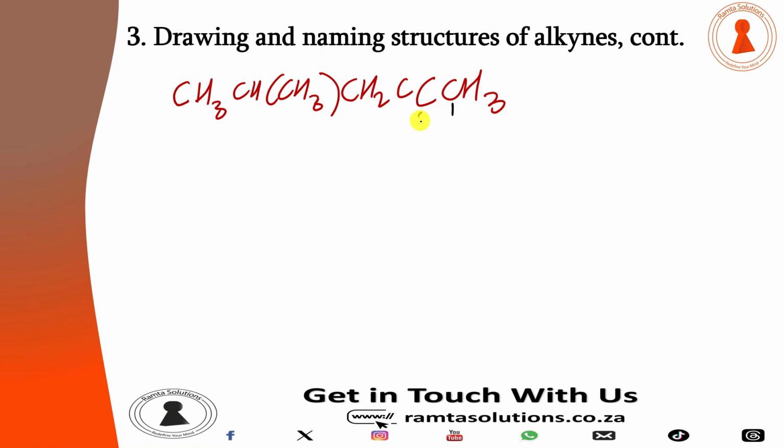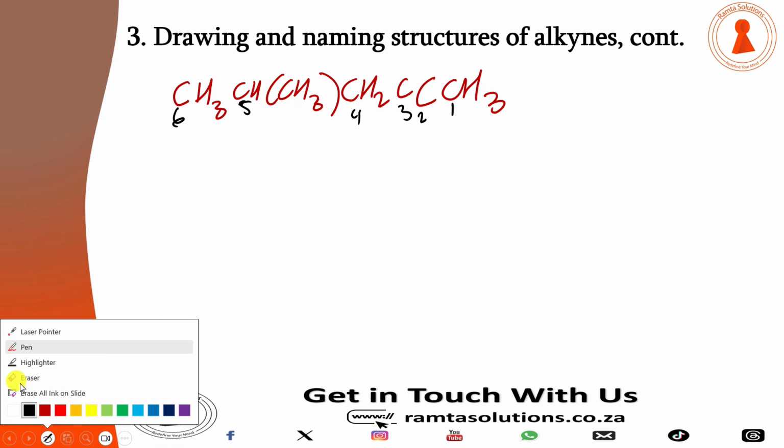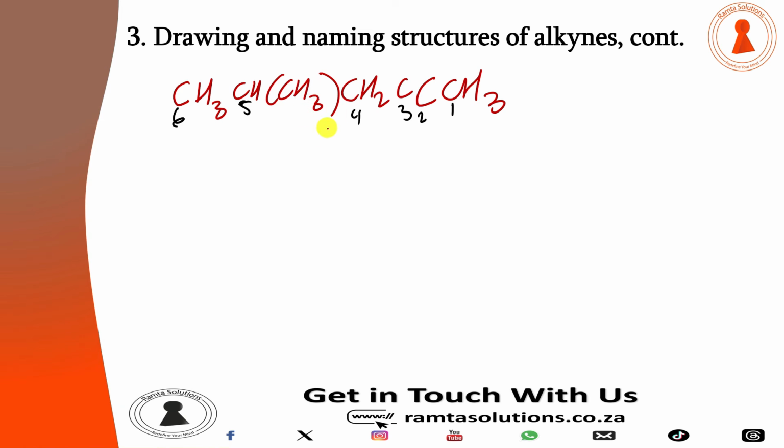So it'll be 1, 2, 3, 4, 5, and 6. I do see a substituent here. I see the longest chain has 6 carbons, which we will say is hex, and then it's a triple bond, so it'll be hexyne.